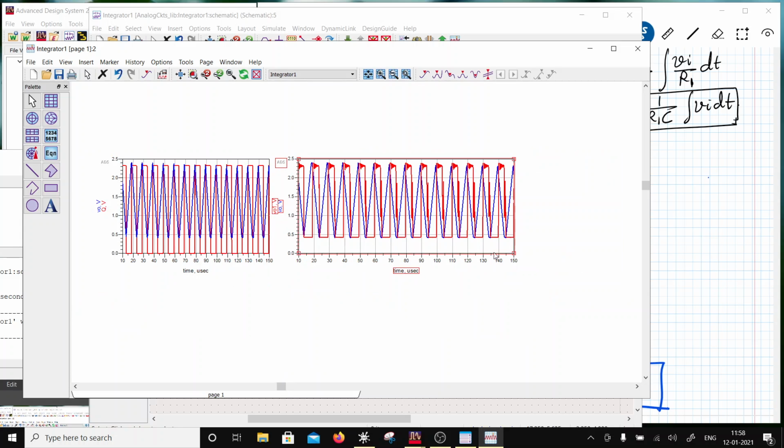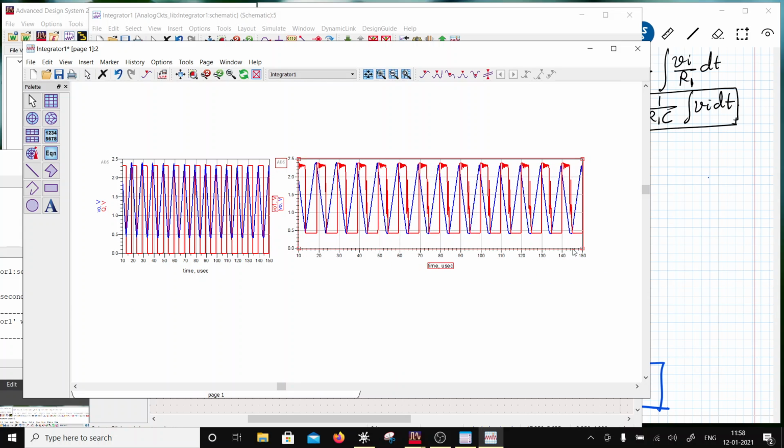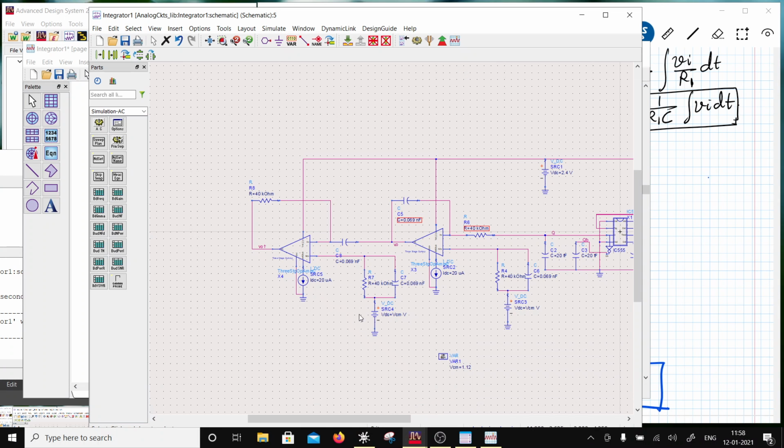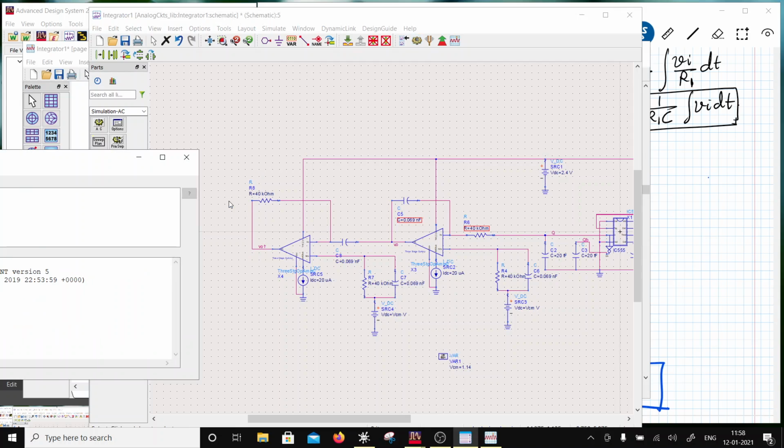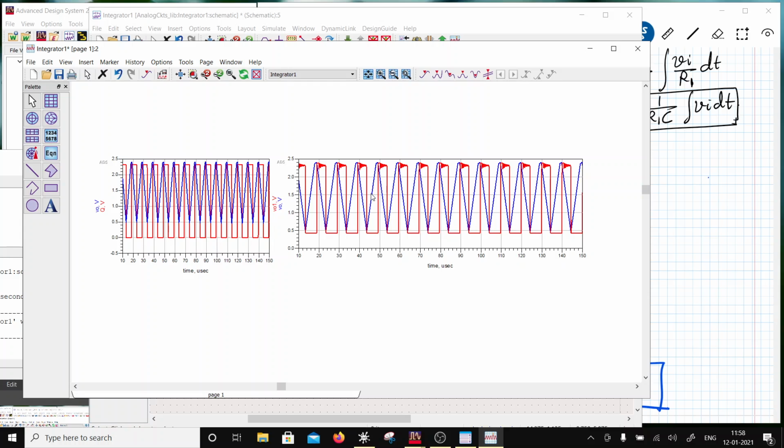So it's messing up over here because of this transition not being smooth. That may be because, let's bump this up a little. Okay, so it's cleaner now.